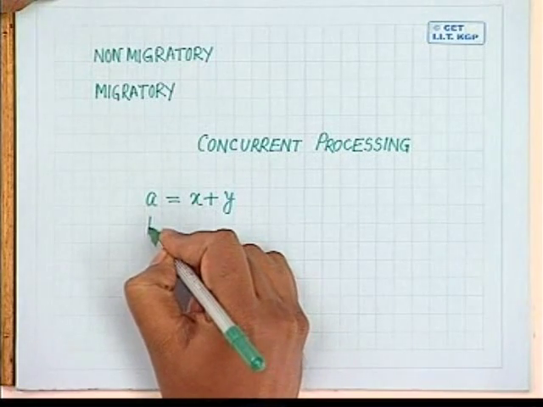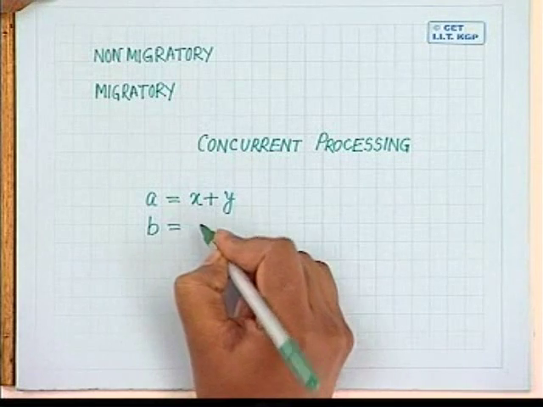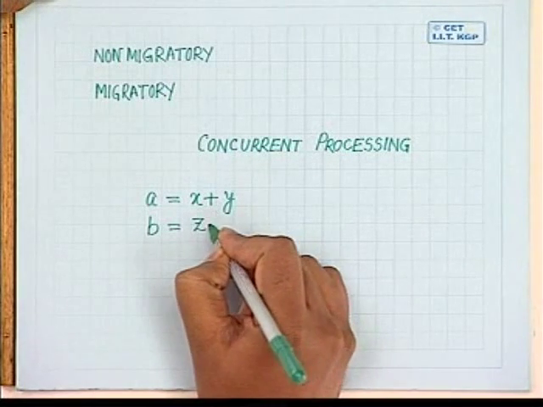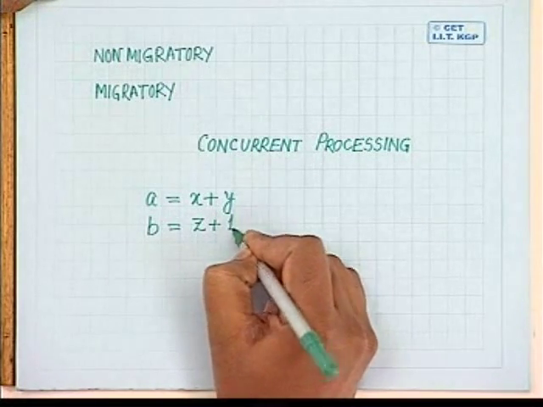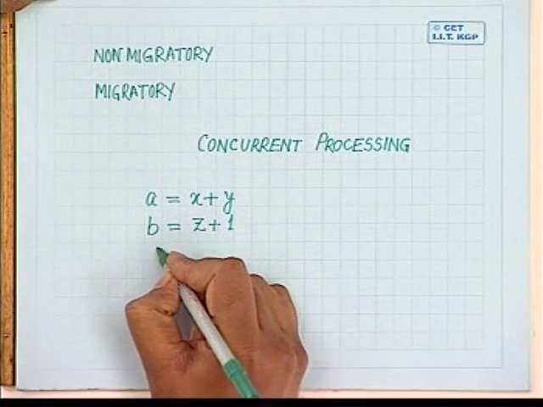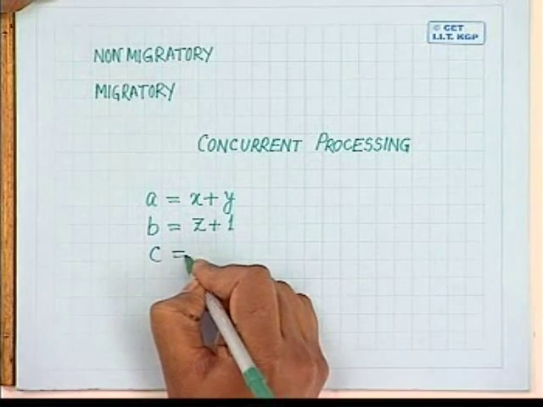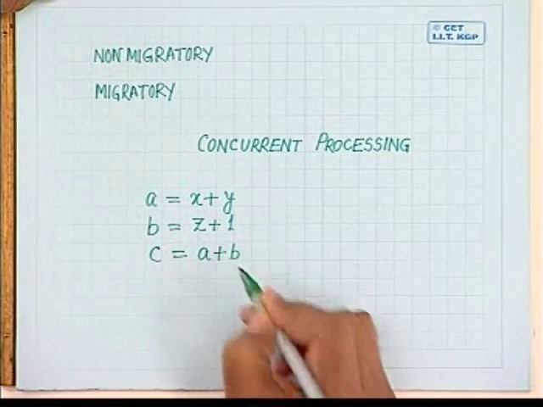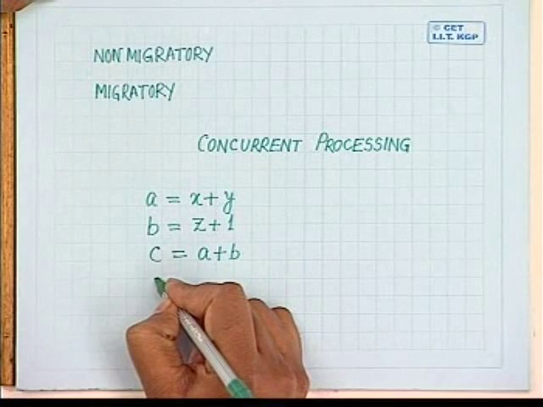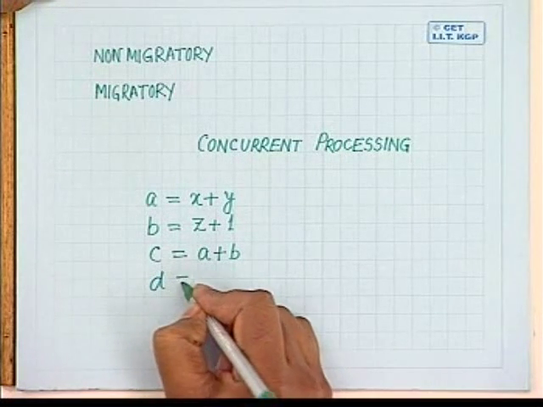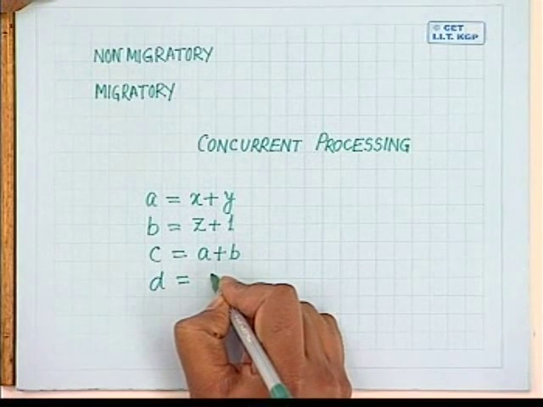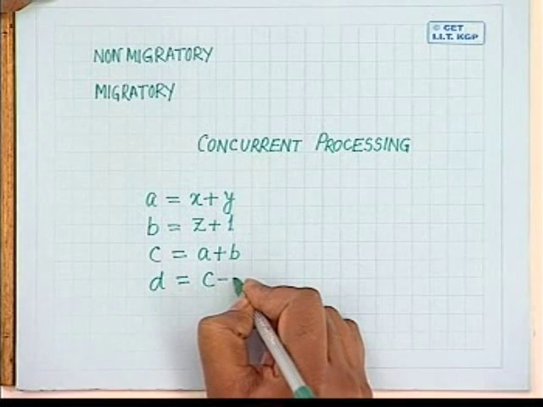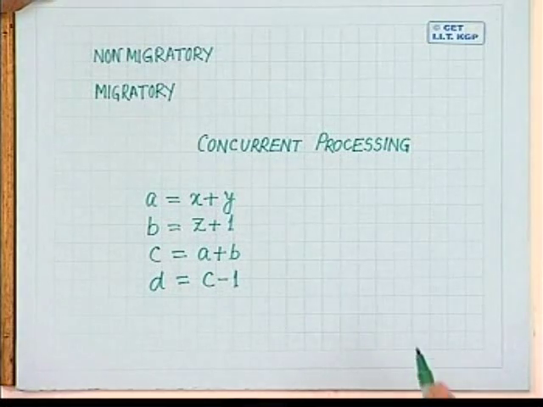Similarly, I can have another statement, B = Z + 1, then C = A + B, and another statement of the form D = C - 1.